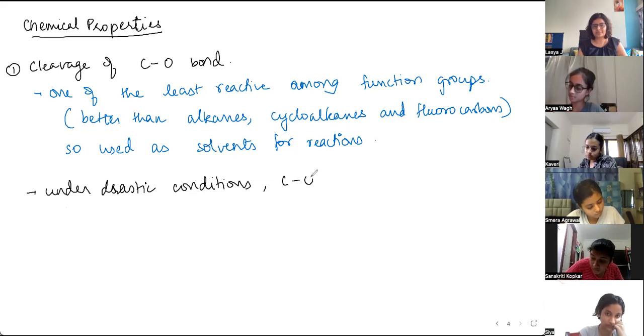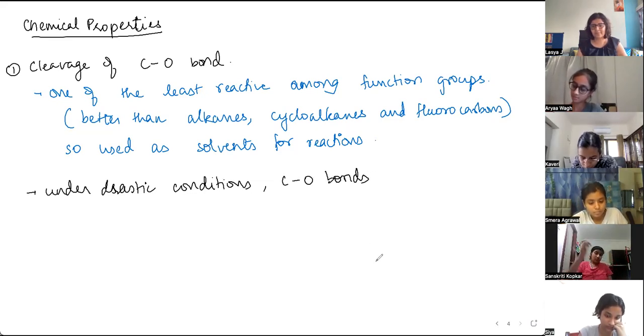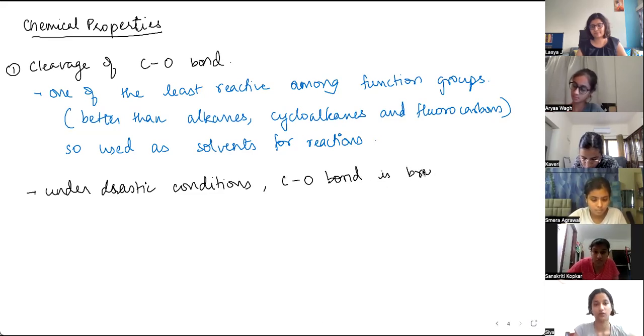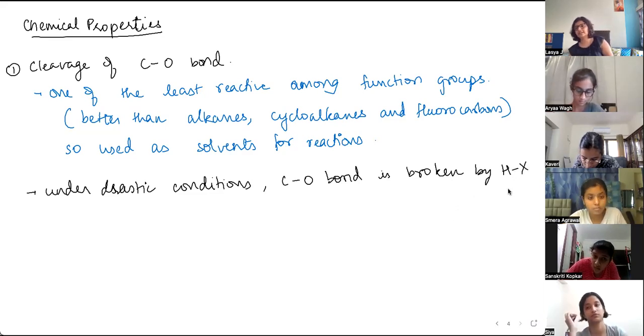So basically the carbon oxygen bond is broken with HX. Hydrohaloacids, HCl, HBr.